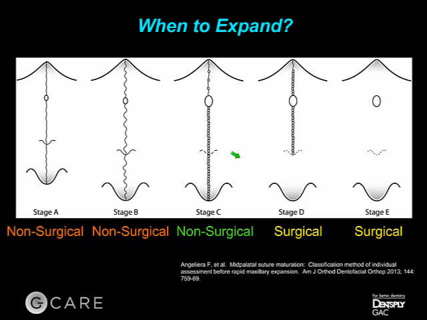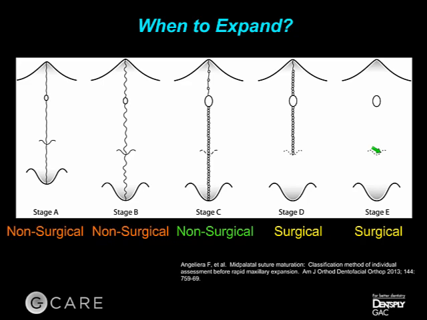Then as the suture starts to fuse, or in some cases doesn't fuse, these are the cases where surgical expansion and intervention may still be needed. But this gives a much better and, to me, more quantifiable method of looking directly at the maxillary suture, as opposed to trying to infer what's going on with it by looking at a hand-wrist film or another method of skeletal maturity.